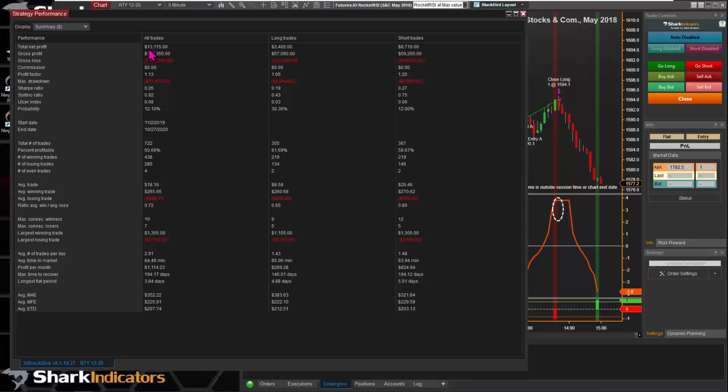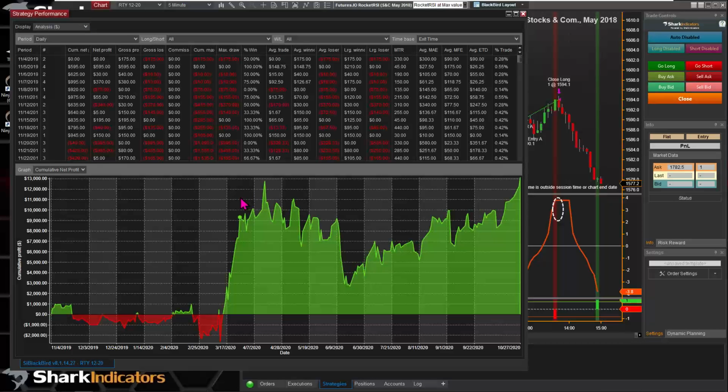All right, let's pull this up again. And this time it dropped, so now it's 13,000. Let's take a look at the equity curve. It looks fairly similar, although there definitely was a deeper drawdown in this June area. But let's go back to hour of the day.